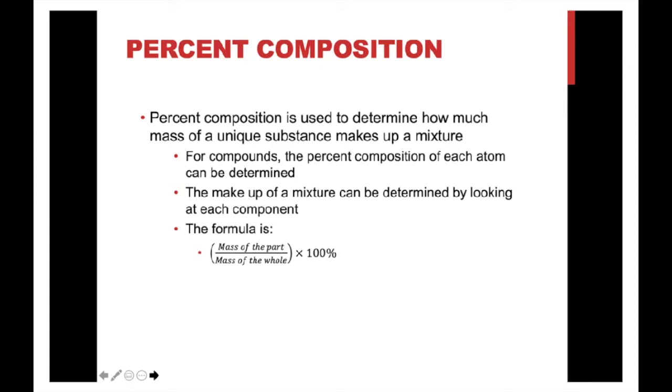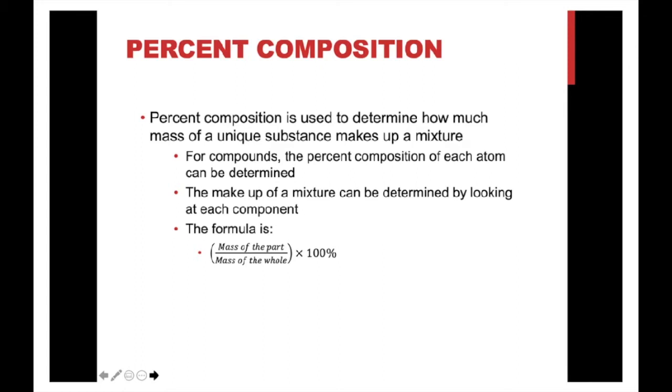It could also be a molecule, where you know all the atoms in the molecule, and you can figure out how much by weight each of those atoms contributes to the overall mass of that molecule, right?